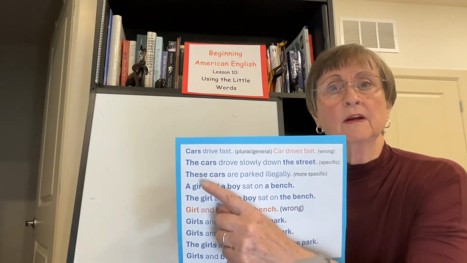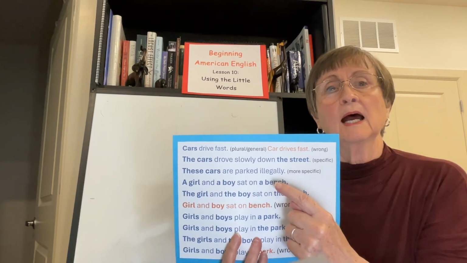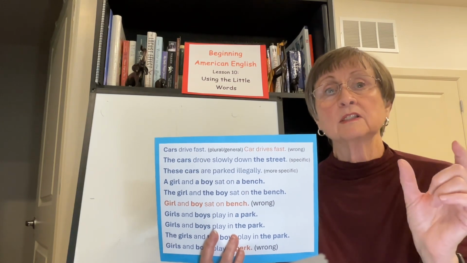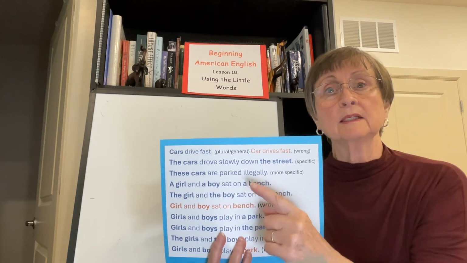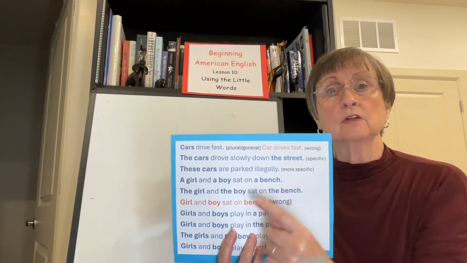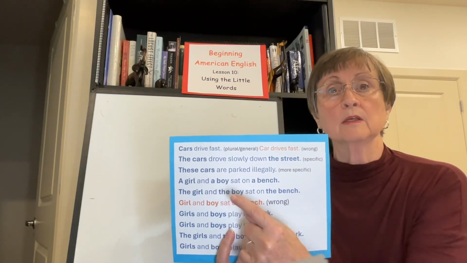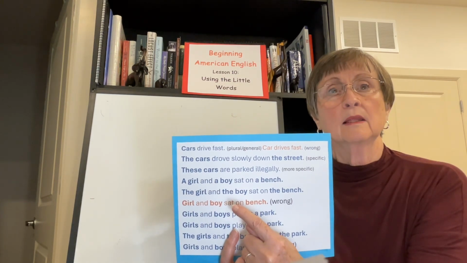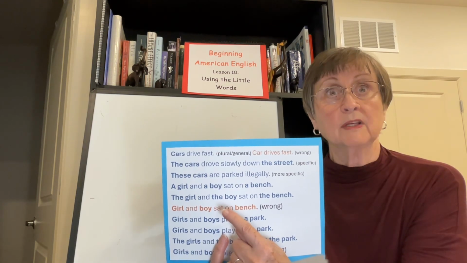These, I'm going to be very specific now, these cars are parked illegally. I'm suggesting that there are many cars, but only some of them, so I'm pointing out specific ones, are parked illegally. A girl and a boy sat on a bench. It doesn't matter who the girl is or who the boy is or which bench. The girl and the boy, these are two people that I'm probably aware of and interested in.